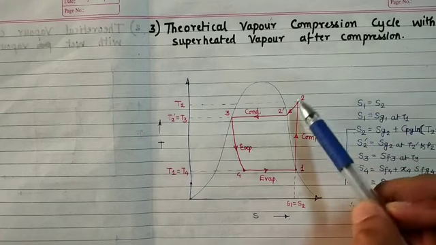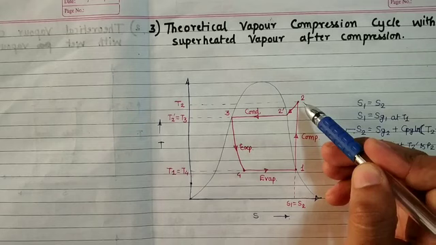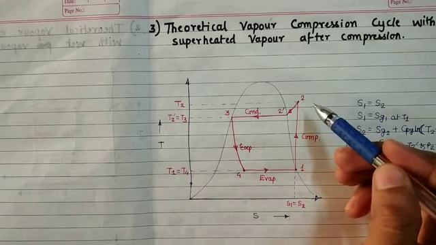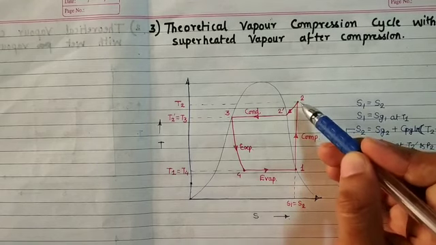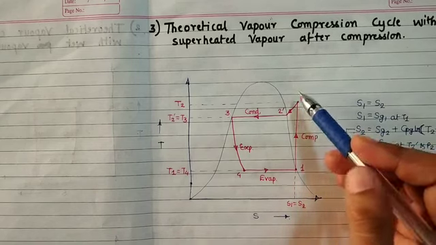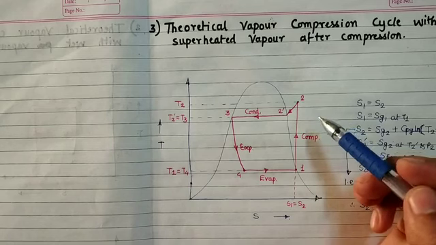That means after compression our point 2 should be in a completely vapor region. It should not be wet. So for representing point 2 in vapor region, we have drawn point 2 here. Now starting from point 2, again we know that we need to represent all 4 processes here.